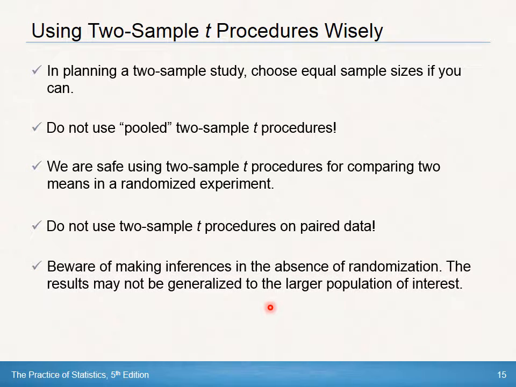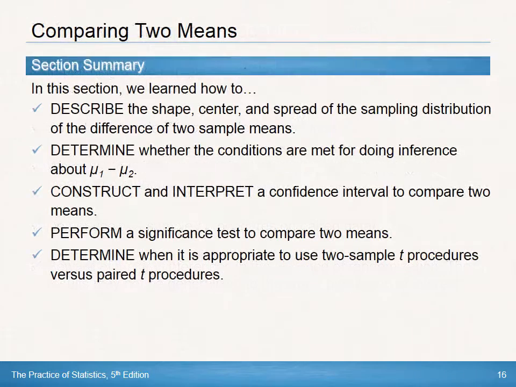Do not use two-sample t procedures on paired data. And be aware of making inferences in the absence of randomization. The results may not be generalized to the larger population of interest. If you don't have randomization, you cannot make inferences about a population. And remember, we don't want to use two sample t procedures if we have paired data.